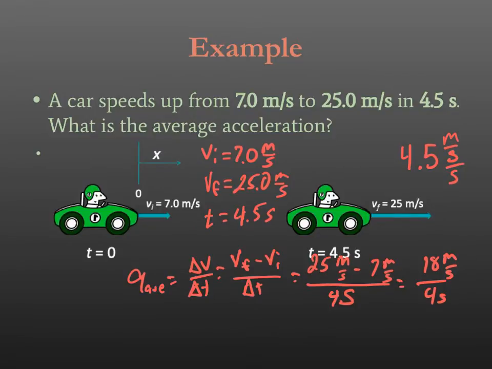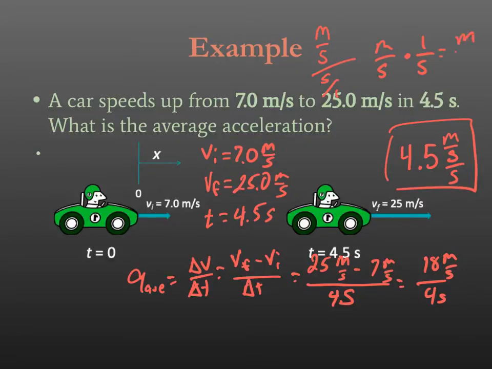Now let's focus on our units for just a moment. If we rewrite this, meters over seconds over 1, an equivalent to that is meters per second times 1 over s, right? If we divide a fraction by another fraction, it's the same thing as multiplying by the reciprocal.